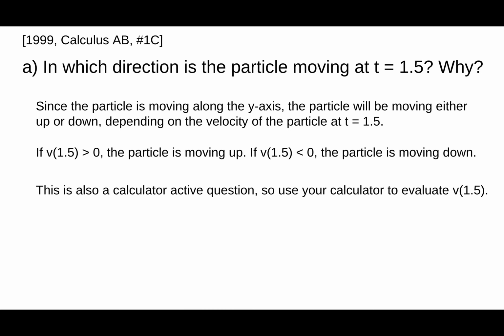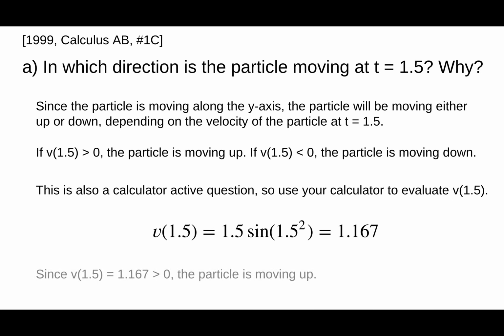Since this is a calculator active question, we can use our calculator to evaluate v of 1.5. v of t is given to us in the question stem, so really we just have to indicate that we want to find v of 1.5, which is 1.5 times the sine of 1.5 squared, which, if we use our calculators, gets us 1.167. All right, so since v of 1.5 is positive, that indicates that the particle is moving up.